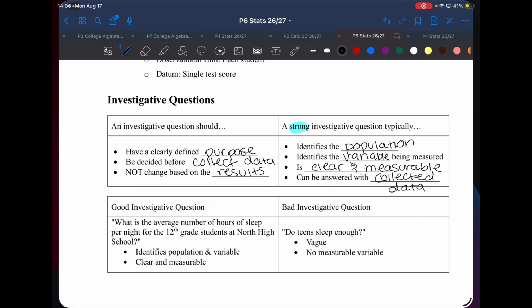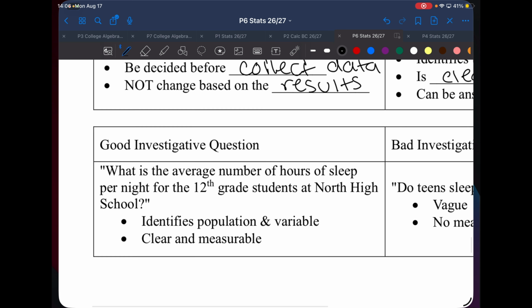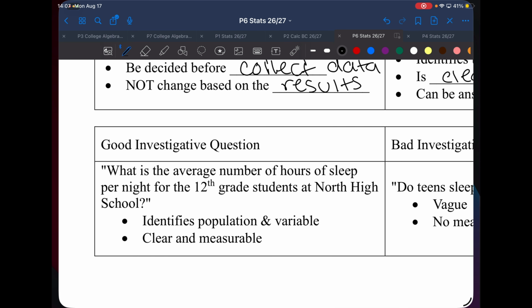Okay, versus a good one. This one says, what is the average number of hours of sleep per night for the 12th grade students at North High School? Notice it identifies a population. What's the population? At North High School, that's the population. What's the variable?